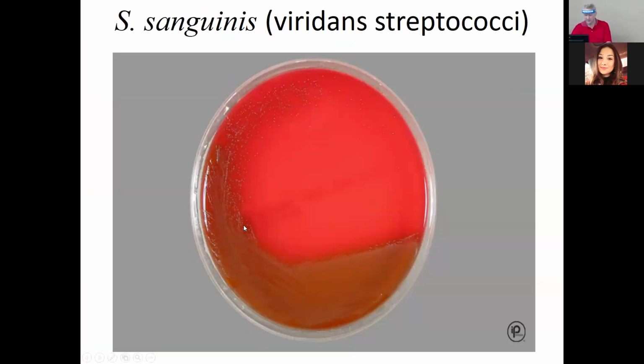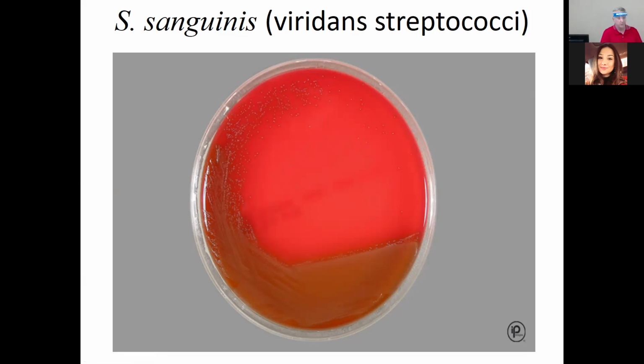Here is sanguinis. This is a Viridans strep. Again, very small colonies. Okay, very, very. This is when you go, well, heck, we're looking at alpha hemolytic strep, but I just got to make sure it's not strep pneumo, right?